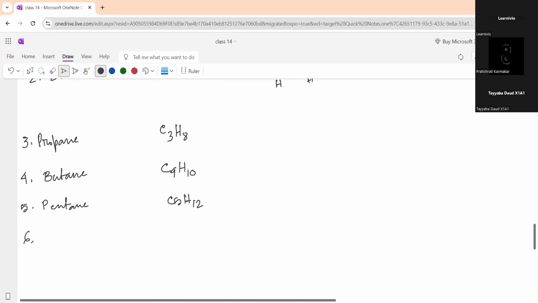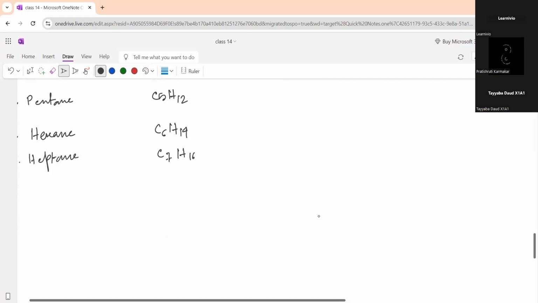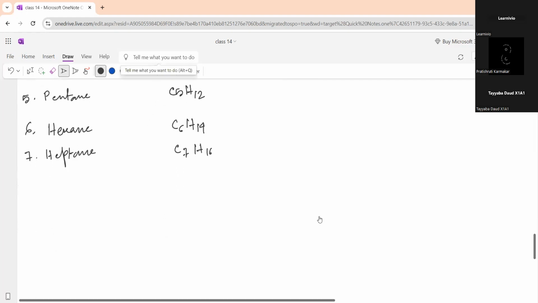Then we have heptane, C7H16. Then we have octane, C8H18.